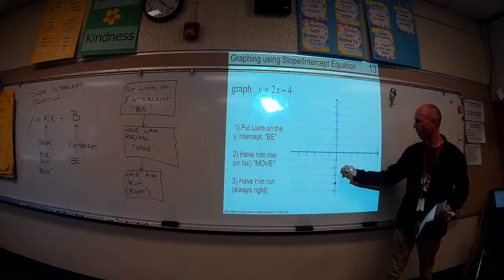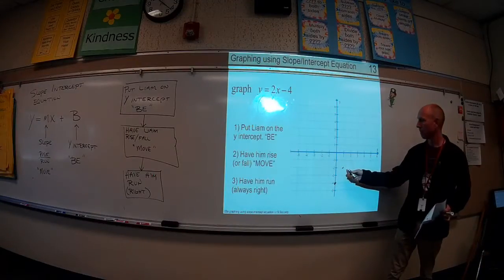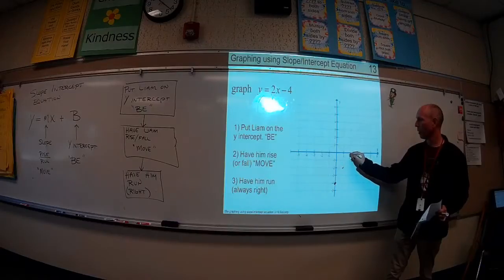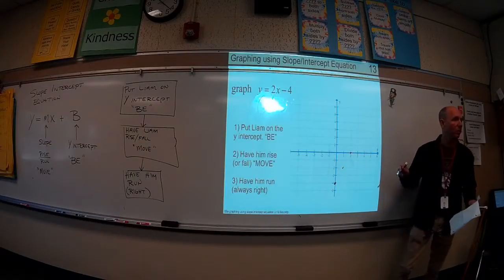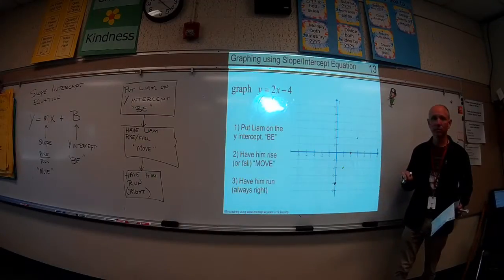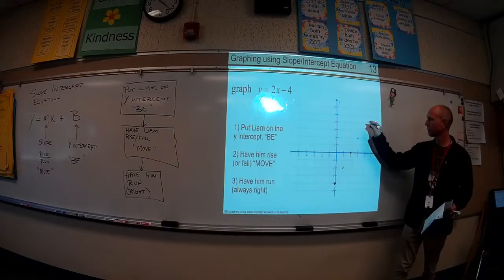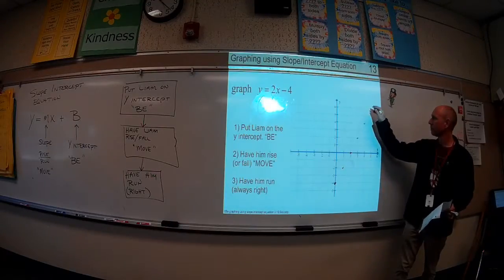Up 2 over 1. Put a point. Ava, how does he want to move? Up 2 over 1. Put a point. Gianna, how does he want to move? 2 over 1. Maddie, how does he want to move? Up 2 over 1.